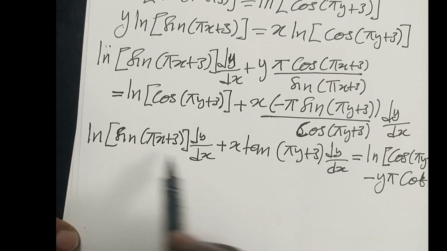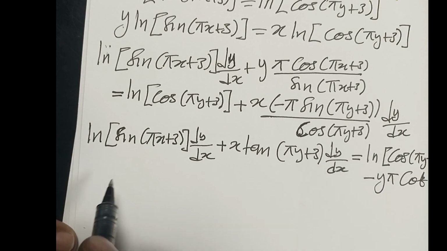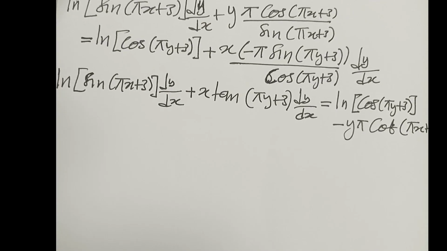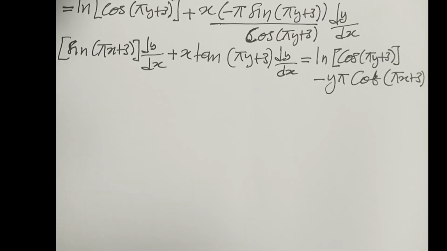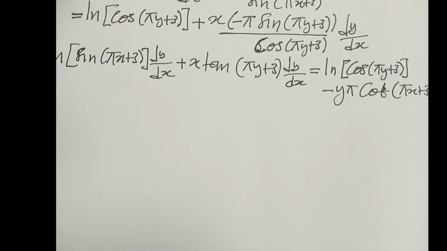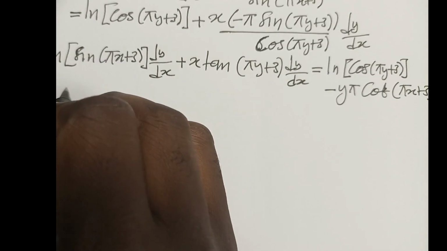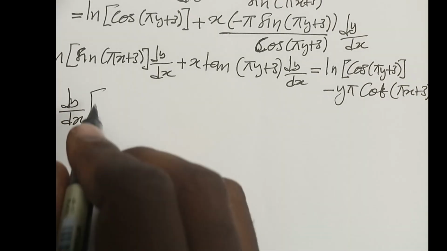So we're making dy dx the subject, so factorize dy dx, then divide by that. Factorizing dy dx, we are going to have dy over dx outside, factorized.